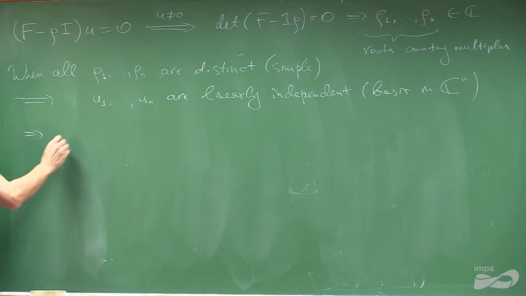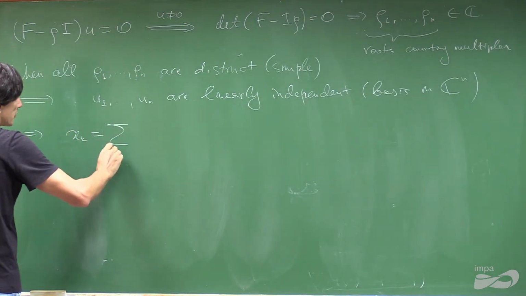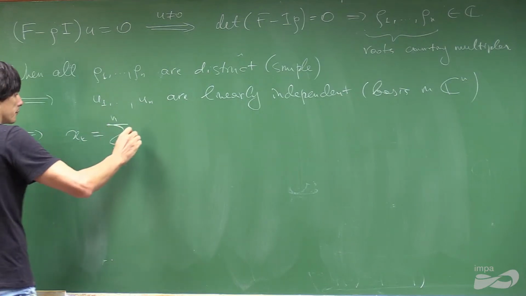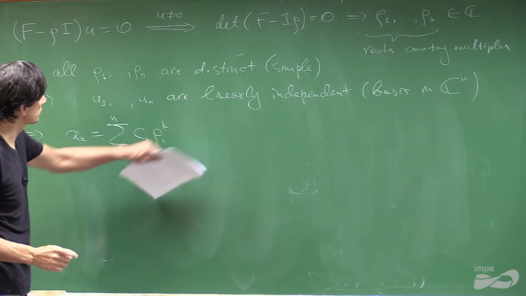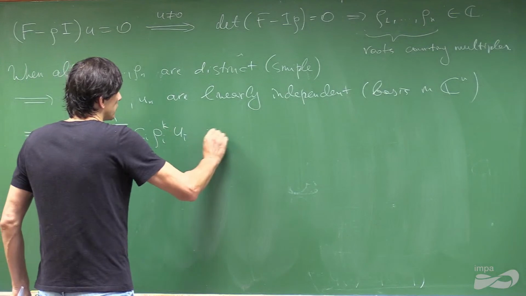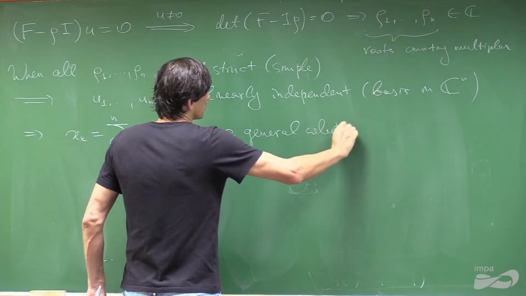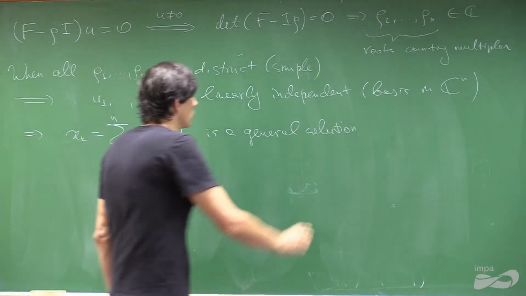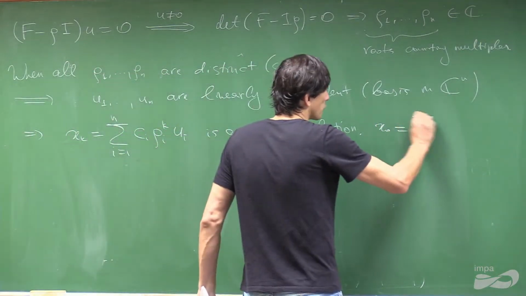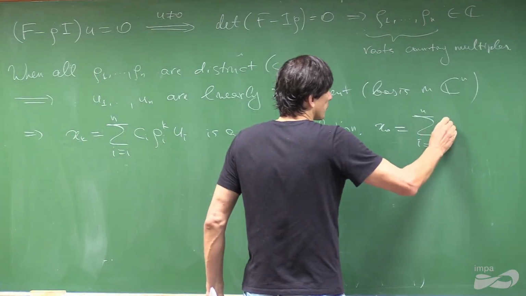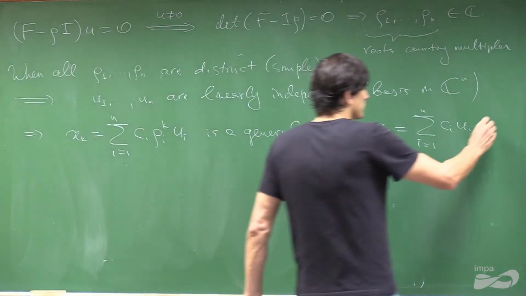And in that case, x_k, which is a linear combination of these roots with eigenvalue to the power k by eigenvector, is a general solution. It's a general solution because it's a solution, and also what you can check is x_0. When you put 0, it's just the basis expansion of the initial condition, right? It's the basis expansion in the basis.